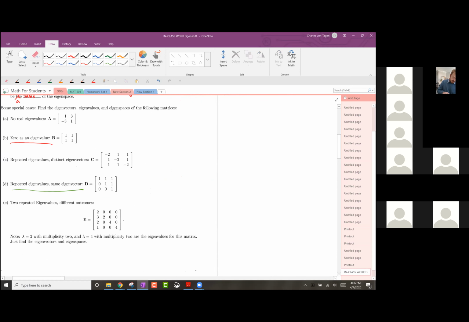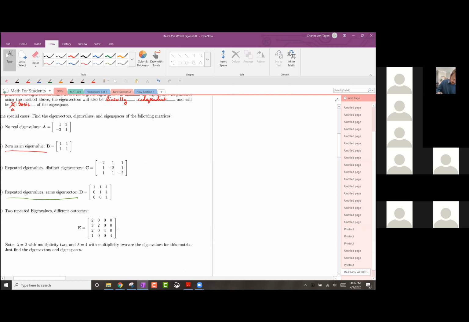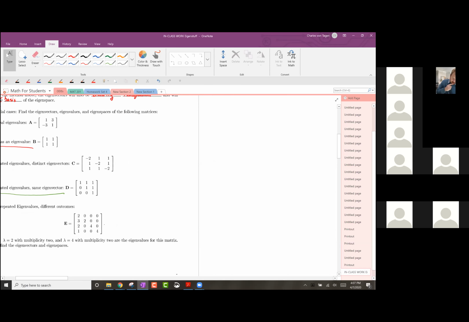So let's go ahead and find the eigenvalues of this matrix. When you have a triangular matrix like this one, we can compute its determinant much more easily.